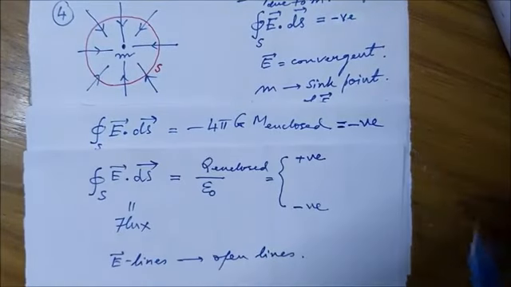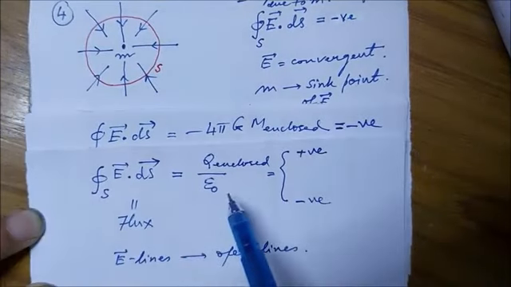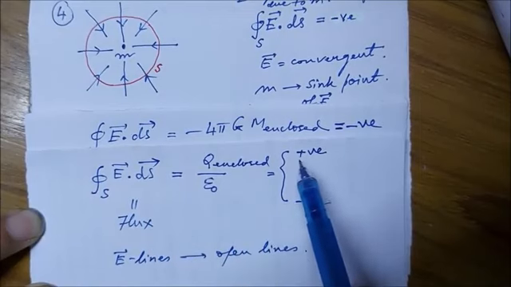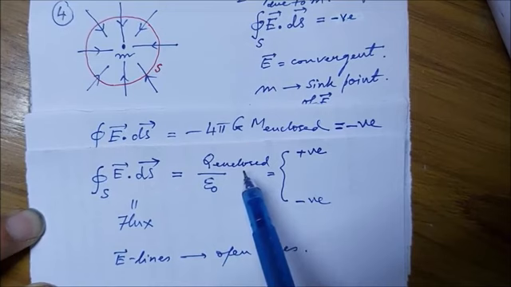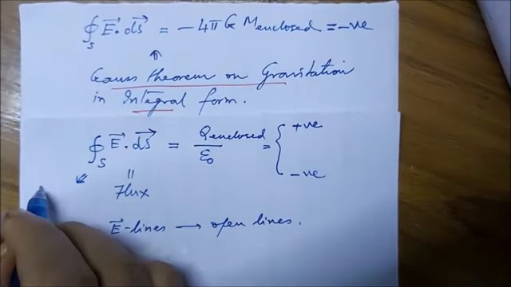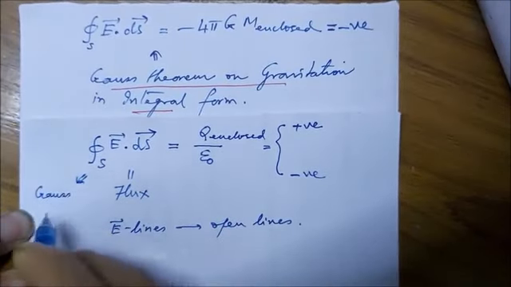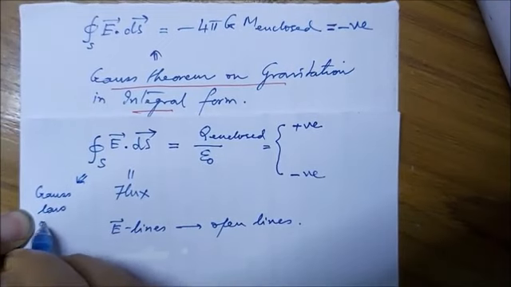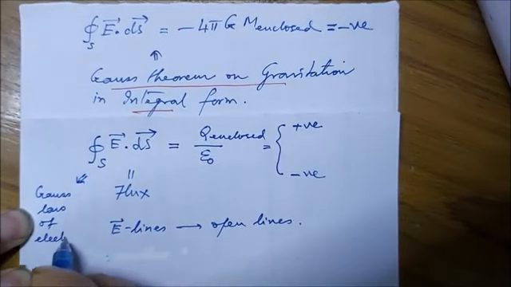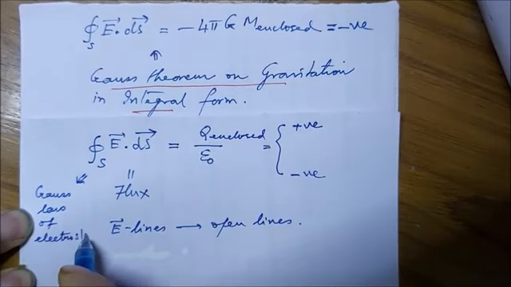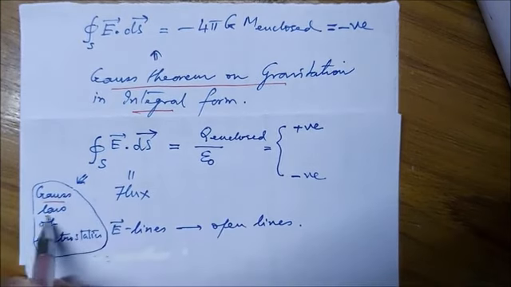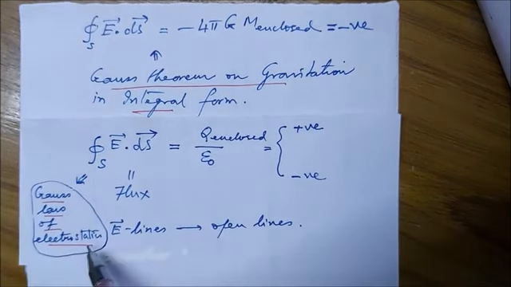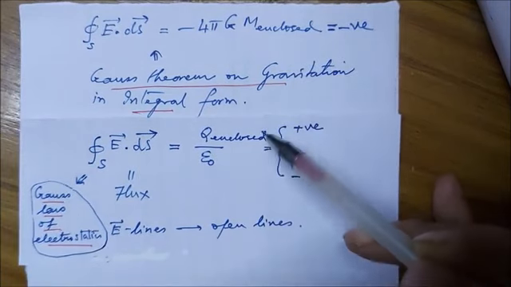But Gauss law of electrostatics can have a positive right hand side or a negative right hand side. This is Gauss law of electrostatics. Compare the right hand sides.